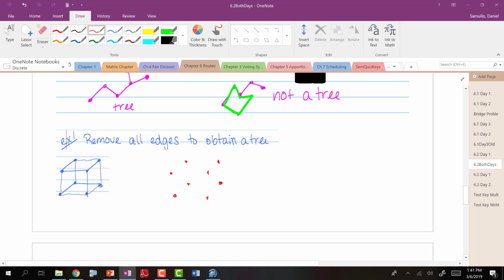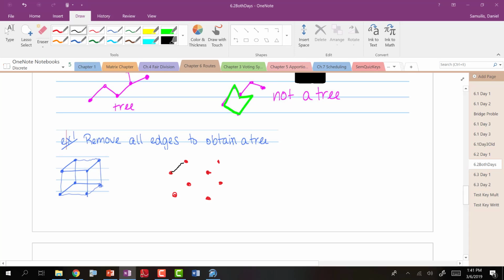And I'm doing a real bad job. They're kind of scratchy. Then I need to draw this so that there are no circuits, but all the vertices are connected, and I can get from one vertex to the other through some sort of edge. I'm only going to do this once, so let's begin.